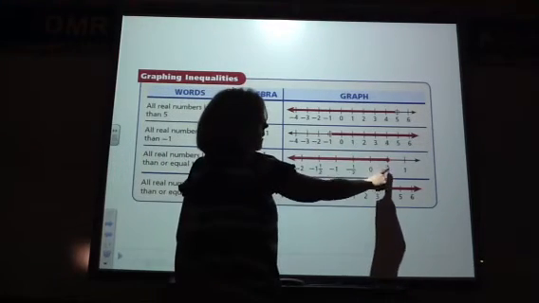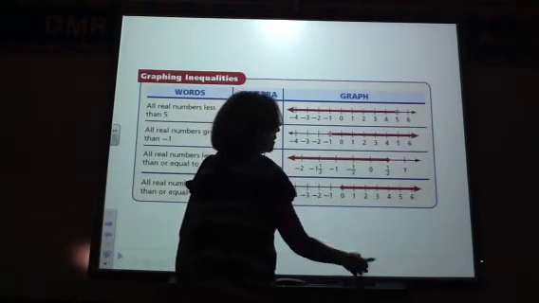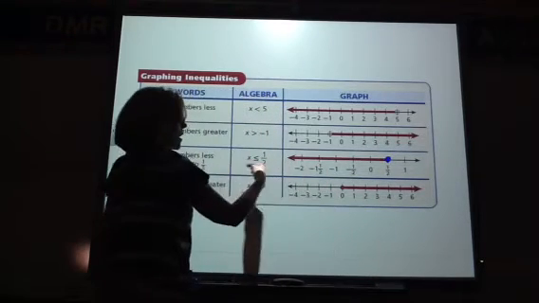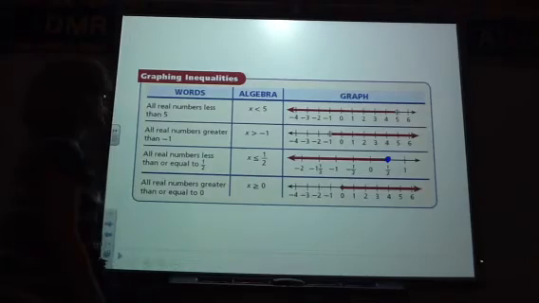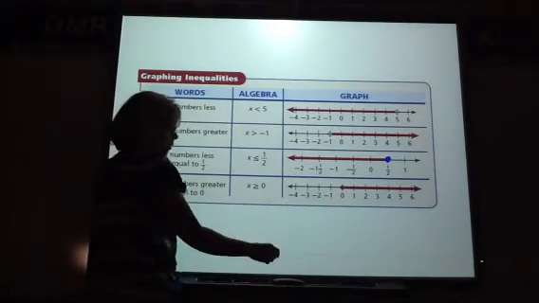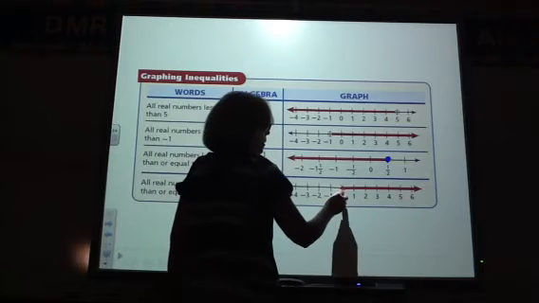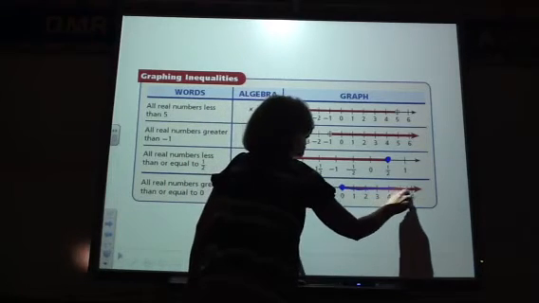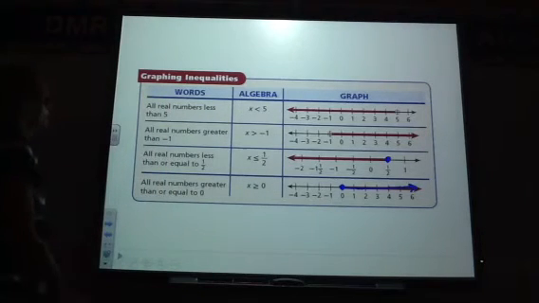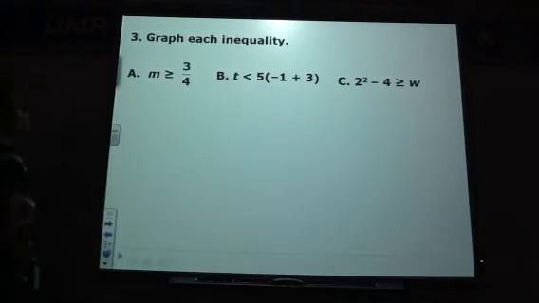So 1/2 is part of our solution, so this is a closed circle. Your solution set goes to the left because it's less than. All real numbers greater than or equal to 0, we are going to include 0, and all the numbers greater go to the right. So there's your graphing inequalities.